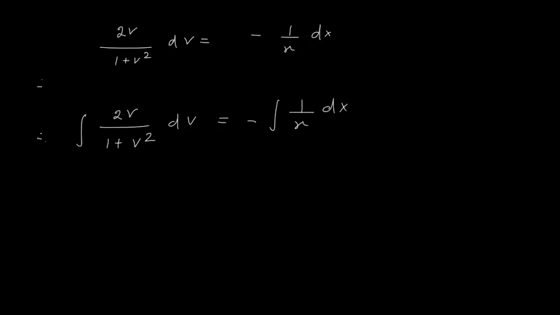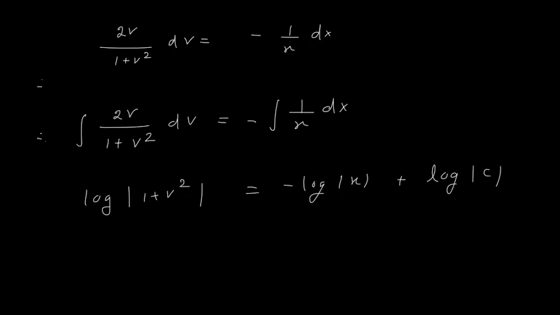Now here the derivative of the denominator is present in the numerator. So I have log of 1 plus v square is equals to minus log of x plus, now constant also I will take as log of c.